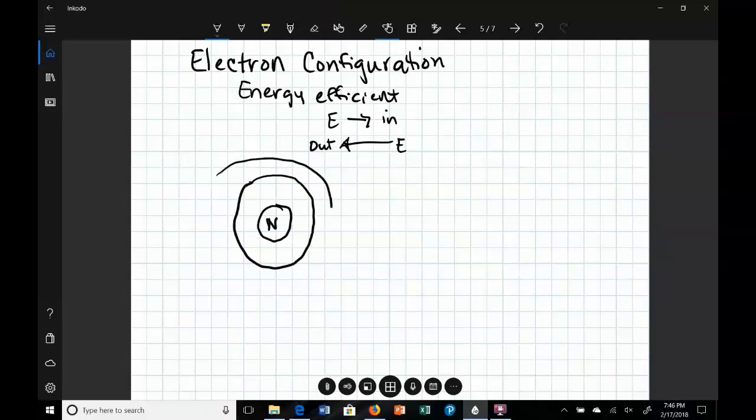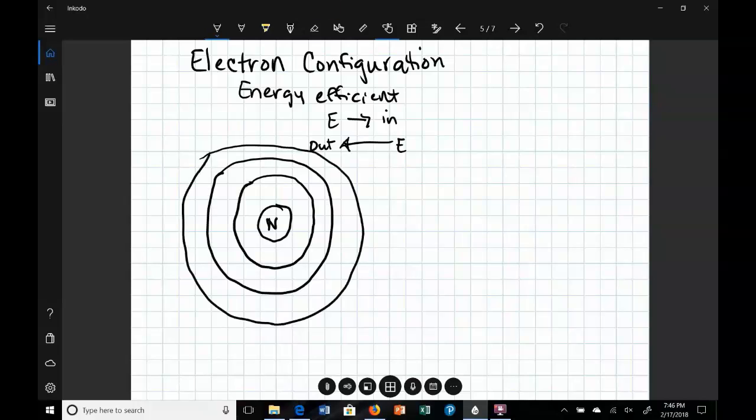So what we know is that electrons can be found in what we call principal energy levels. Closest to the nucleus, we have n equals 1, n equals 2, and n equals 3.